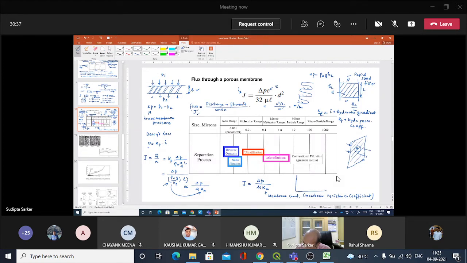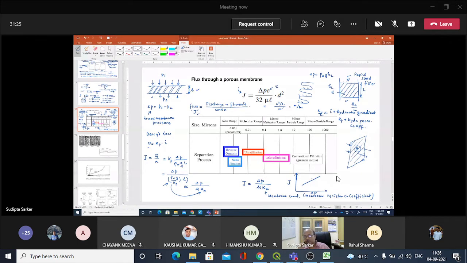So for a particular membrane, if I want to increase the value of J, then we have to increase the value of delta P. So there is a linear relationship between J and delta P. In order to increase the value of J, we need to have a higher value of delta P.